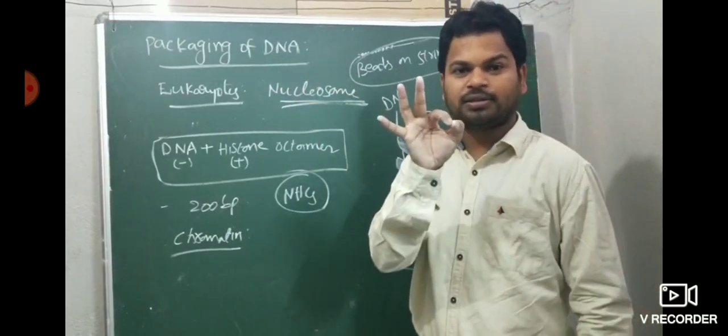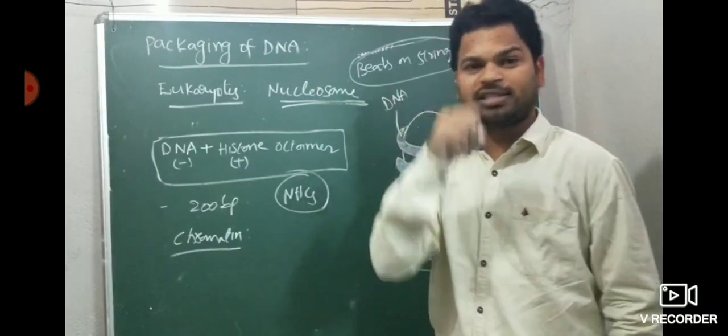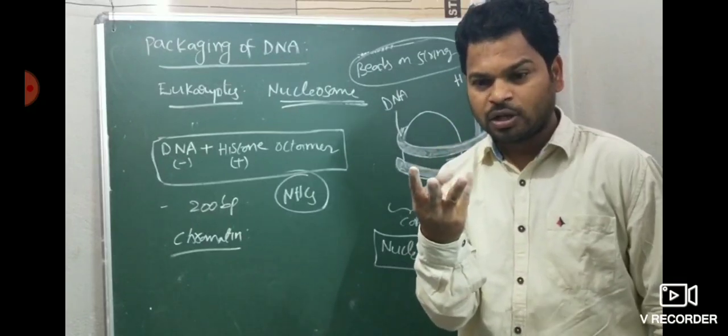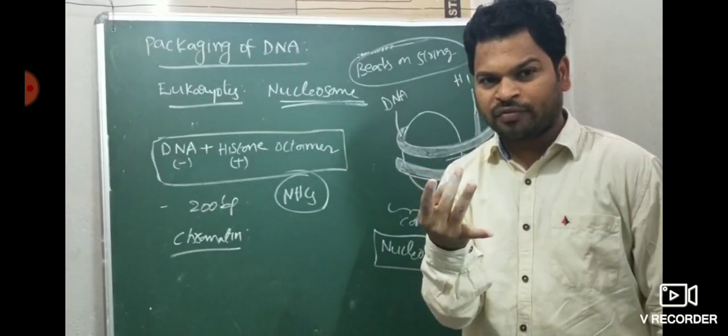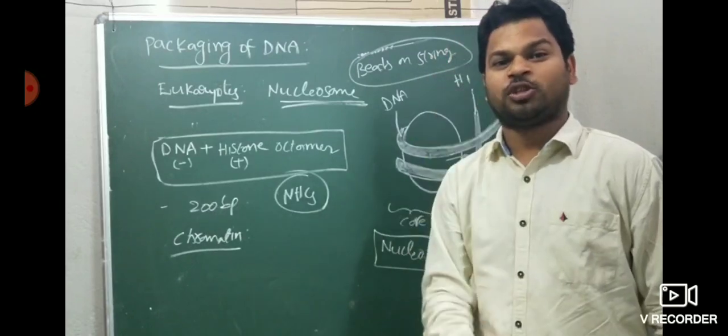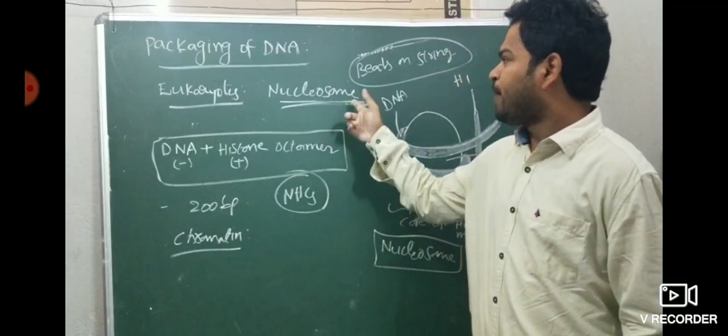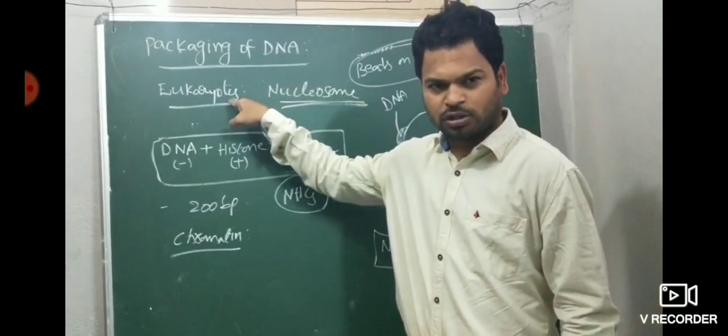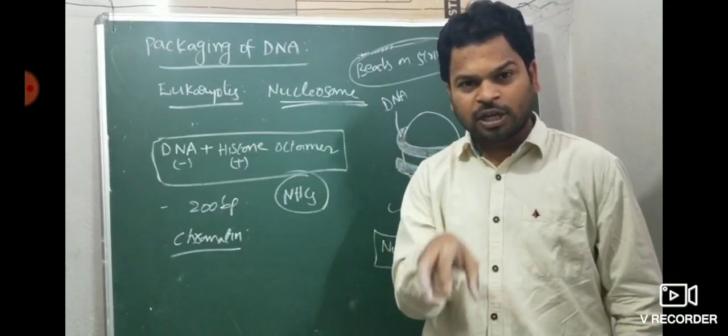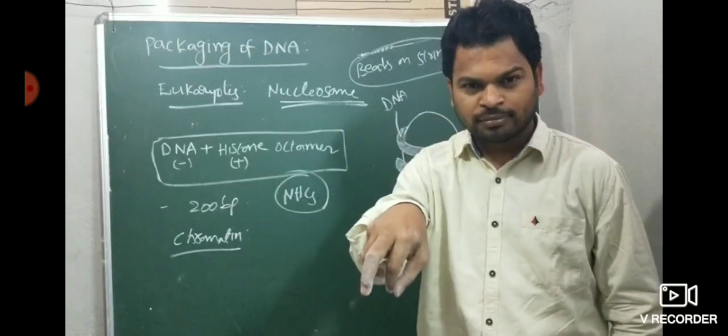I revised these concepts. Nucleosome, nucleoid, nuclein, nucleus and nucellus are all different. I'll give the words carefully. Nucleosome: packaging of genetic material in eukaryotes. Nucleoid: packaging of genetic material in prokaryotes.